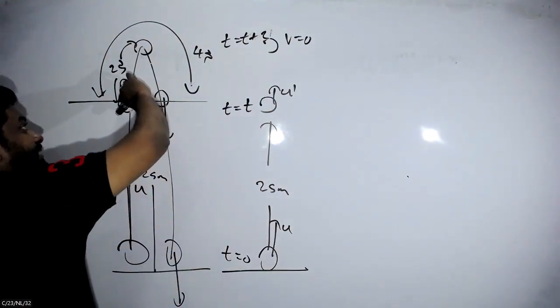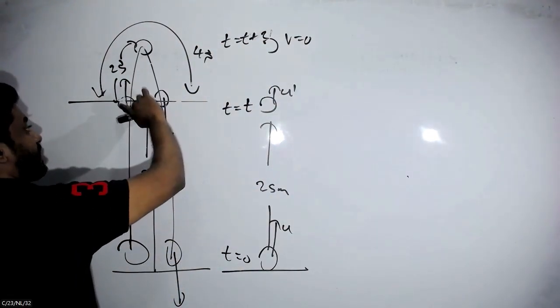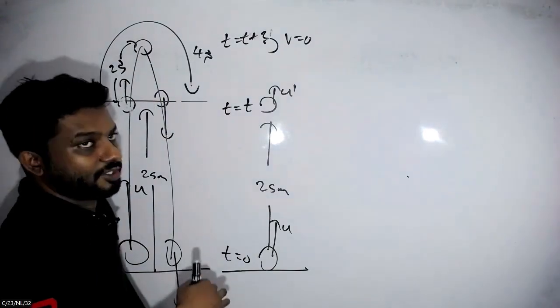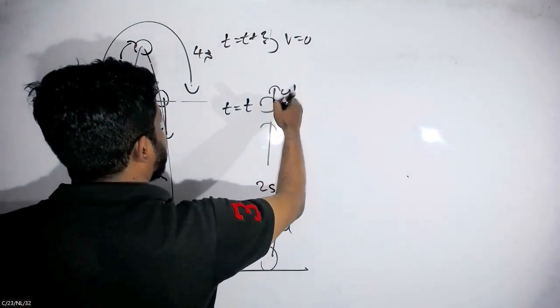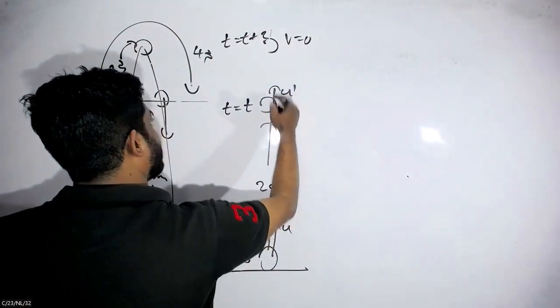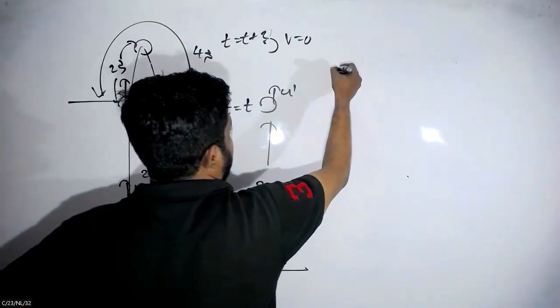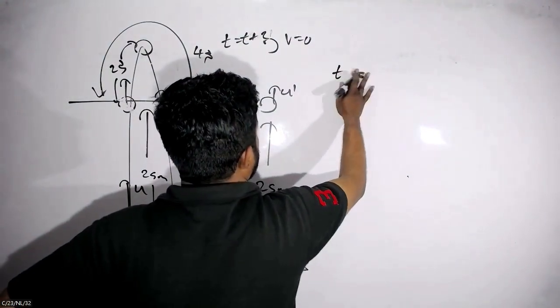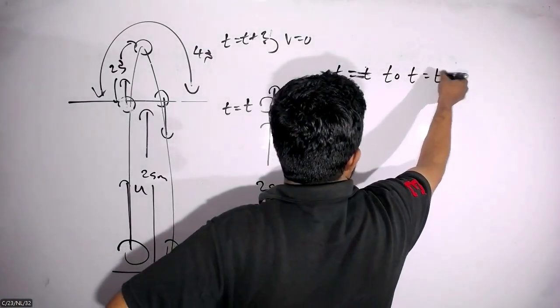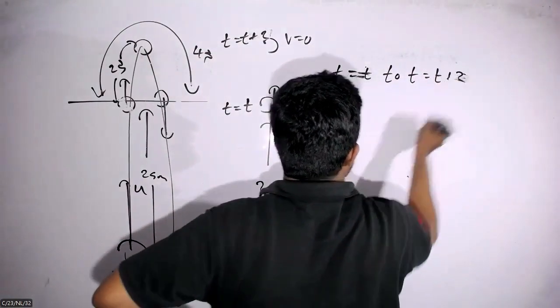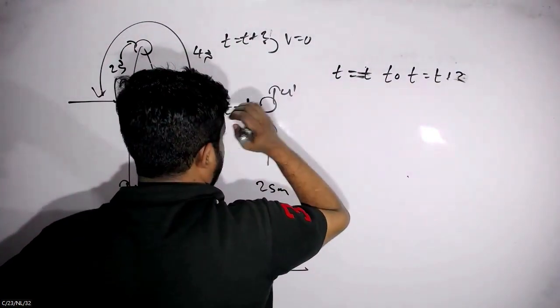If it takes 4 seconds from here to here, then from this point to the maximum height it takes 2 seconds. Got it? Then you can identify this velocity by considering the motion from this height to maximum height. You can apply the equation from t to t equals t plus 2 seconds. You know the gravitational acceleration.